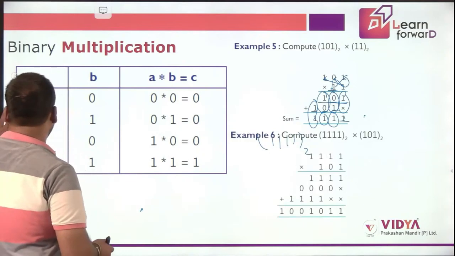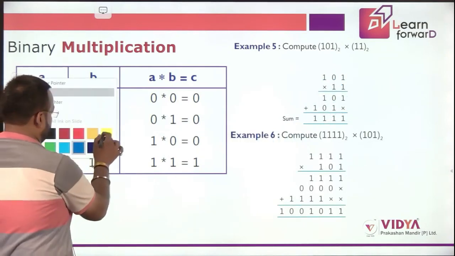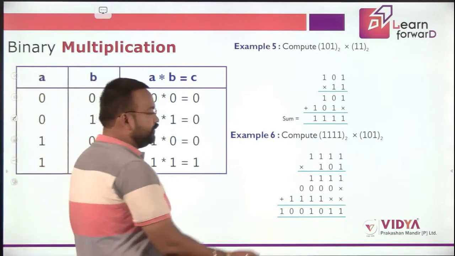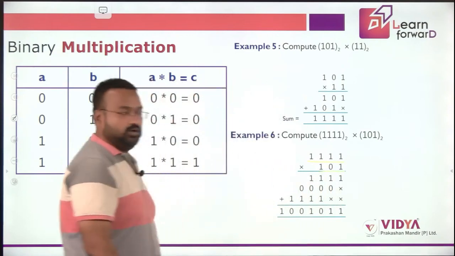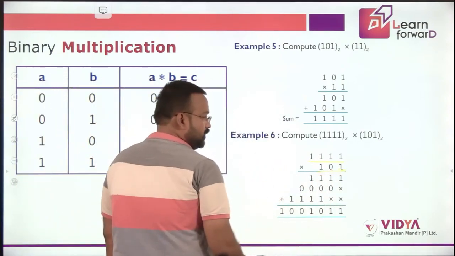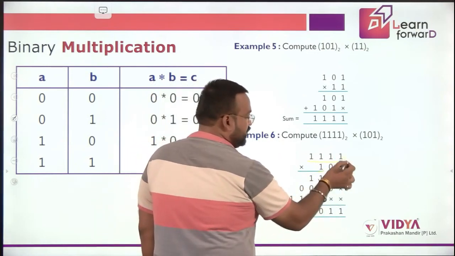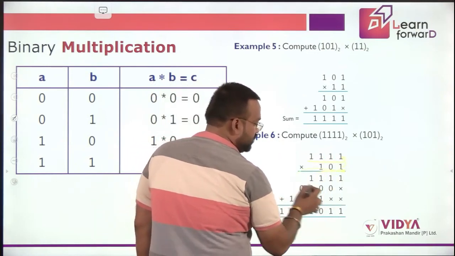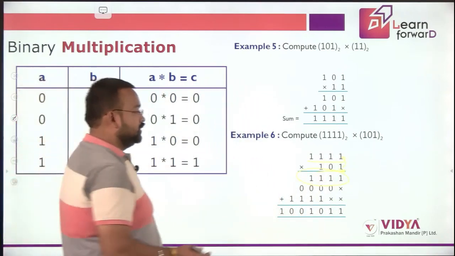Let's see another example. Now we have to multiply these four 1s with 1, 0, 1. Let's start from the right-hand side and then we will move to the left. When we multiply this 1 with all of these, it is obvious that when we multiply with 1, we get all four 1s.